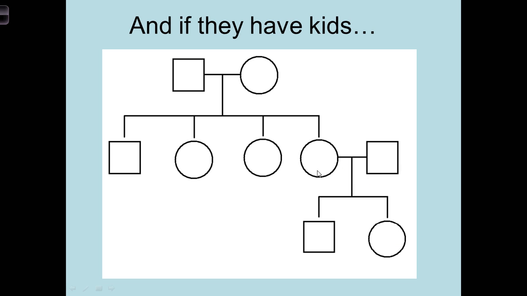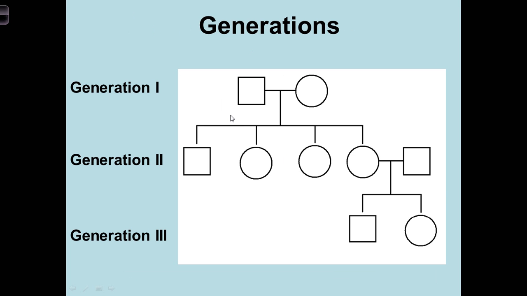You can see one of their girls has had 2 children with this male here, a boy and a girl down the bottom. So if we look at that, there are 3 generations. The top is the first generation, the next one is generation 2, and the last one, generation 3. So 3 generations in this family tree.